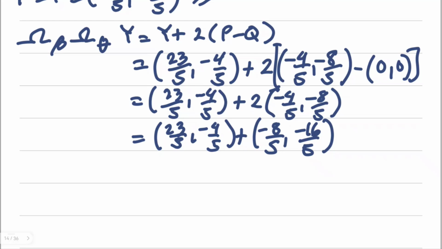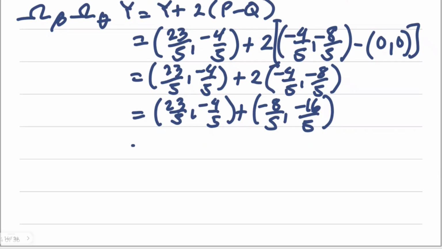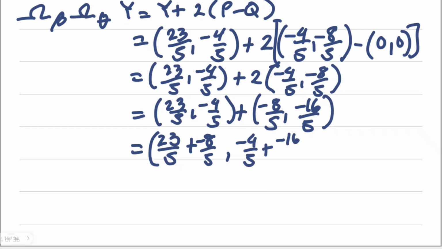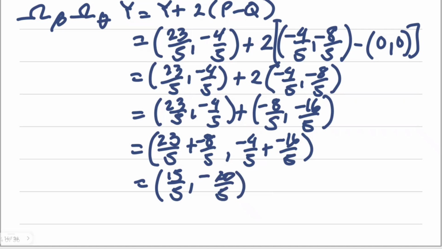Okay? So you would see here that the result would just be equal to 23 fifths plus negative 8 fifths. And the second is negative 4 fifths plus negative 16 fifths, which will give you 15 fifths and negative 20 fifths, which in simplified form is actually 3 and negative 4.